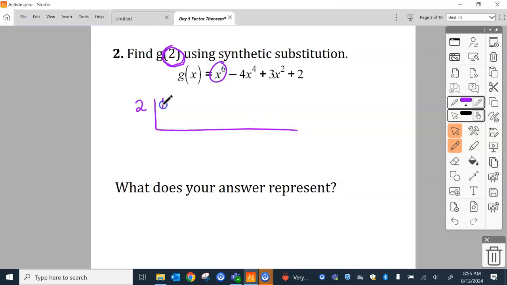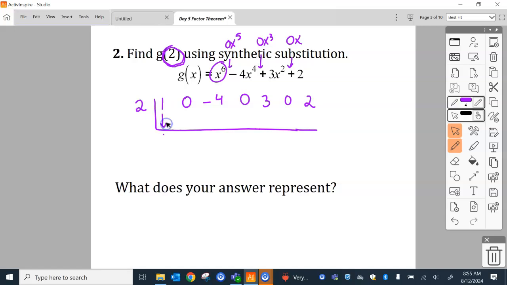So we have 1x to the 6, 0x to the 5th, so we need to add in that 0, negative 4, 0x cubed, so we need to add in the 0, 3, oh, there's 0x here, and then a 2. Okay. You could have also substituted in that value 2 for your x's into your equation.